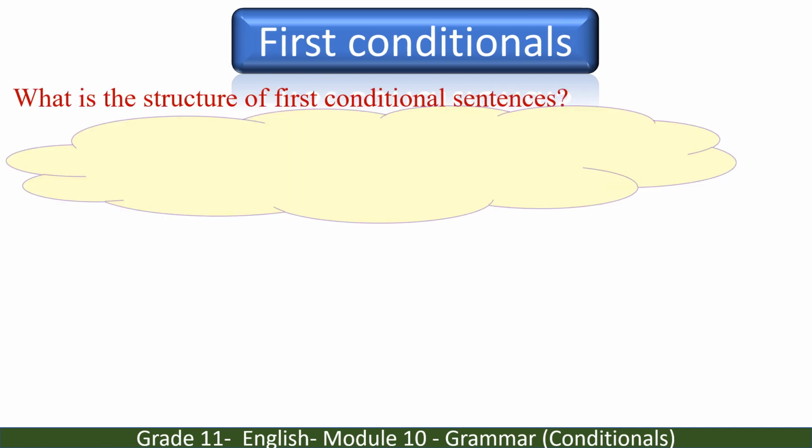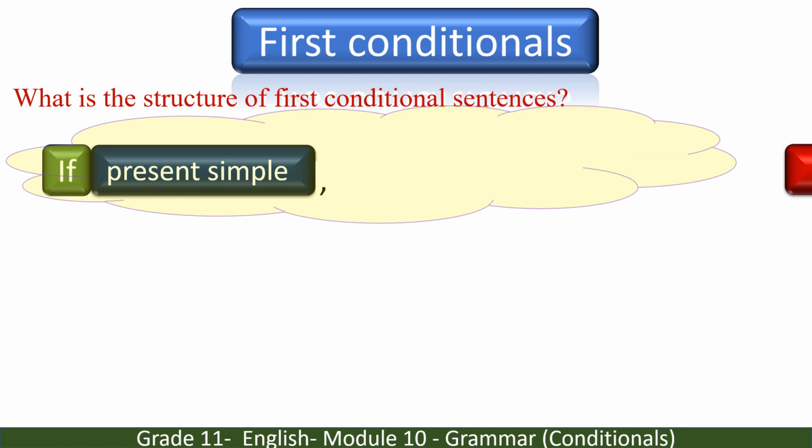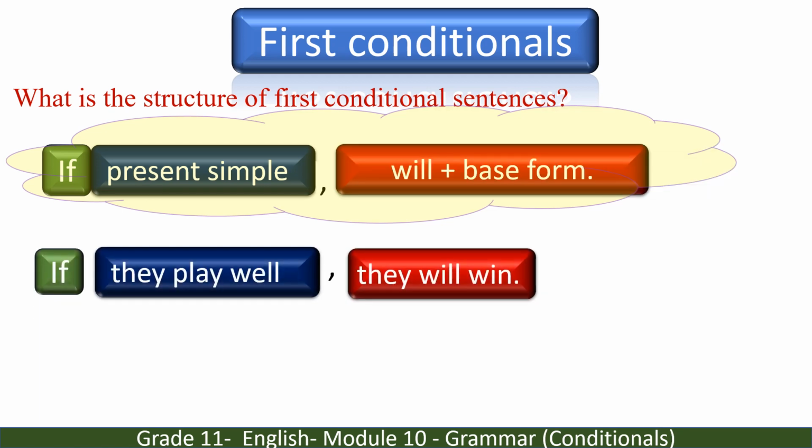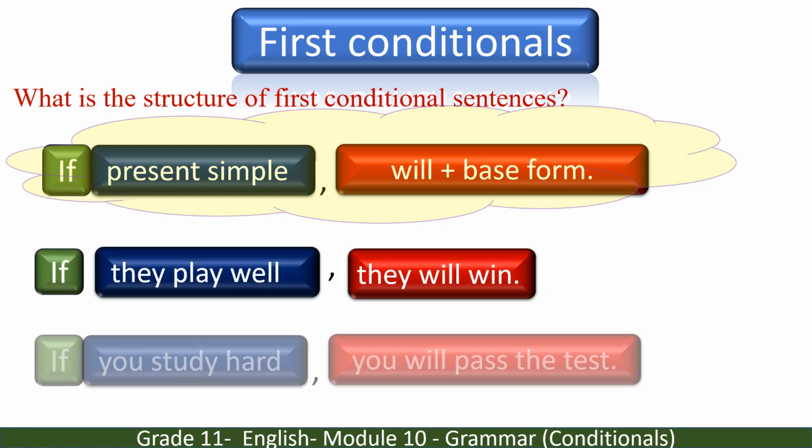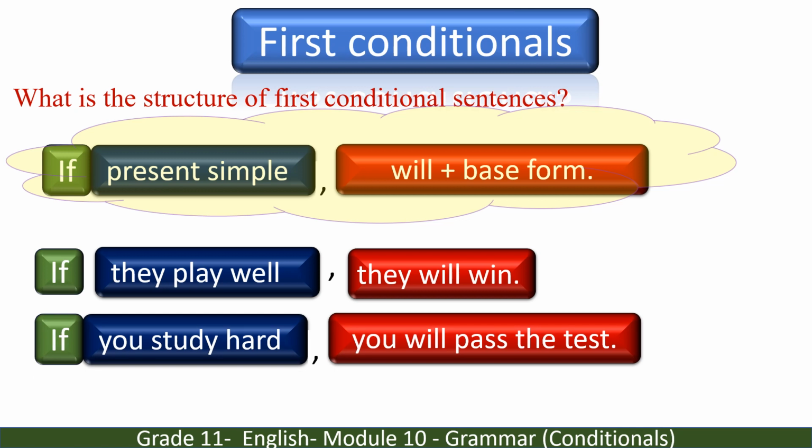But in the first conditionals, the form is if, present simple, then will plus base form. And remember, we use first conditionals to express something which is likely to happen in the future, or conditions that have a real possibility of happening in the future.